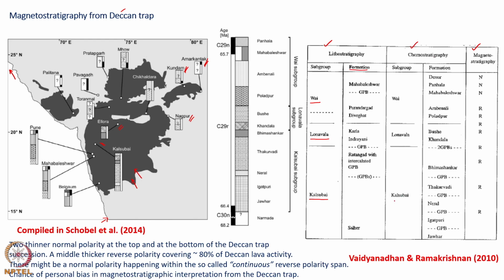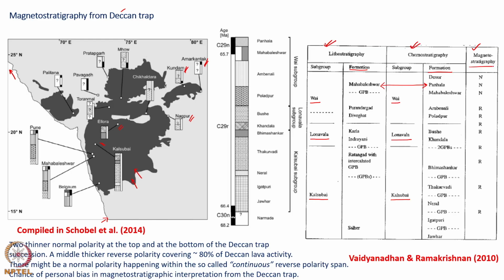Chemostratigraphic division involves the same nomenclature: Kalsubai subgroup, Lonavala subgroup and Wai subgroup, and then there are different formations. Not all the time will the formation names match, because they are done by different authors and also by different methodology, lithostratigraphy and chemostratigraphy respectively.